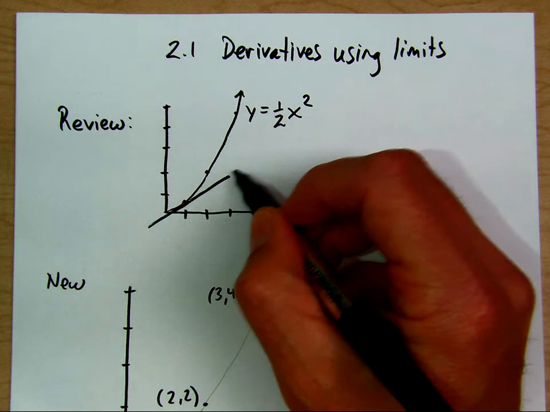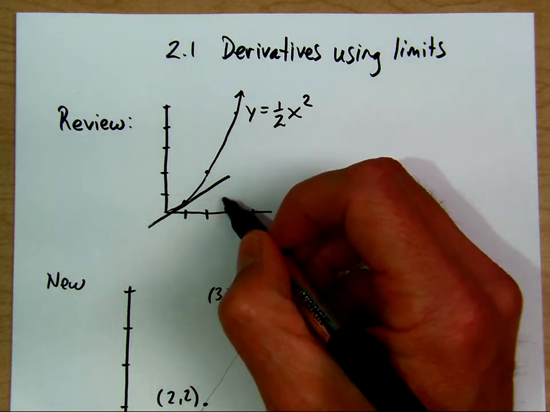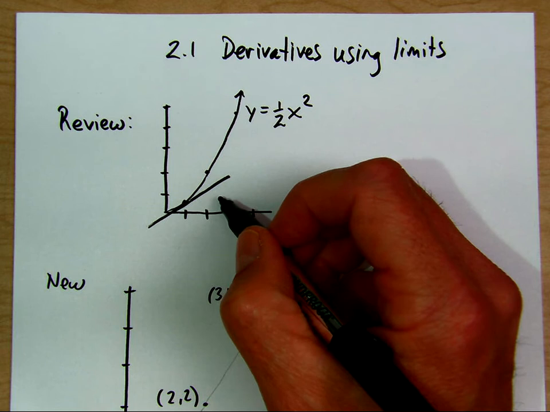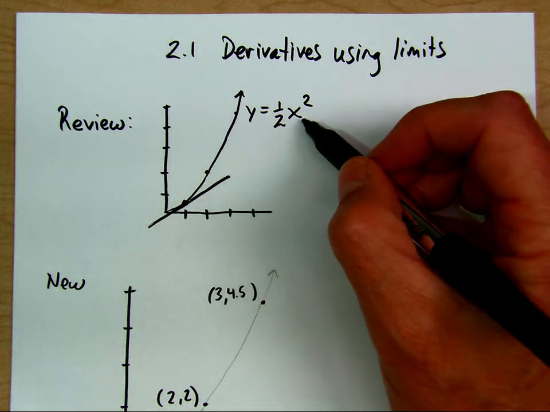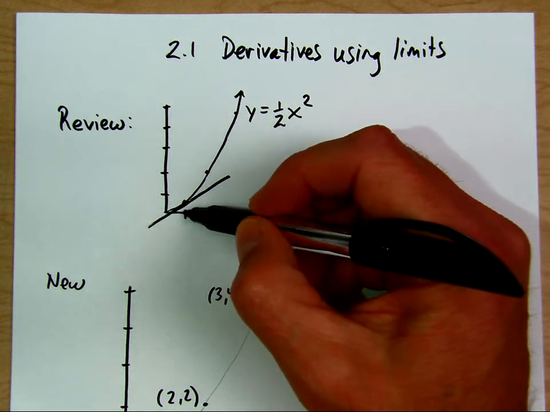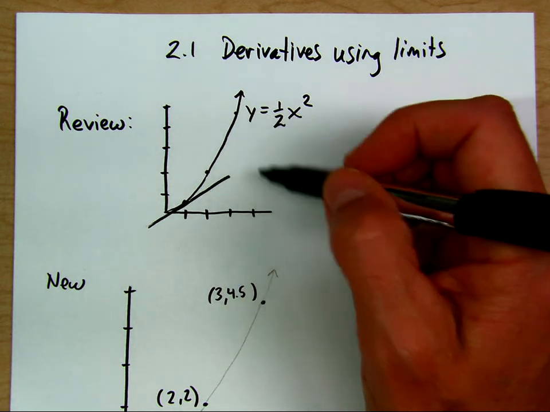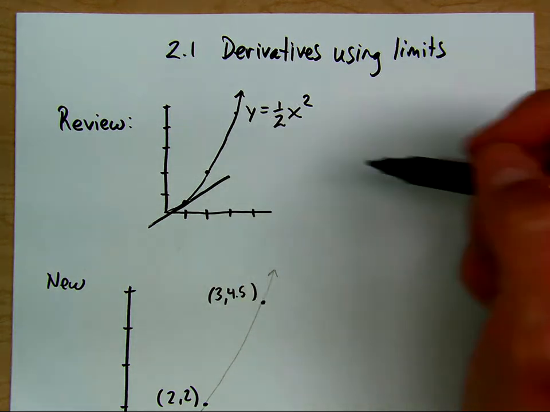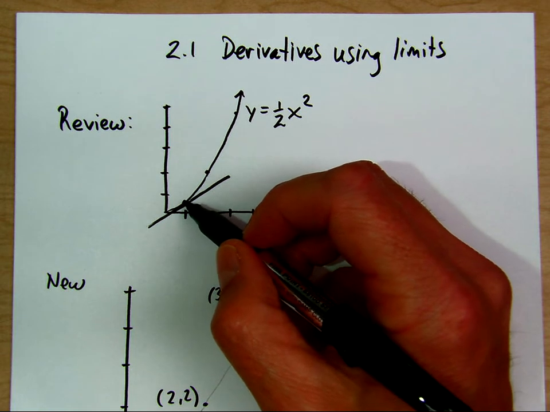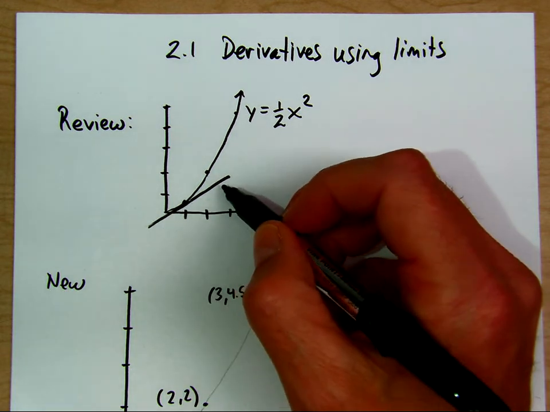We can estimate the slope, or we might even look at it and say it looks like it's a slope of 1. So here with this function 1/2 x squared, we're going over 1 up 1/2, over 2 up 2, over 3 up 4.5. And in this lesson we're going to find the exact slope of the tangent line using a limit.